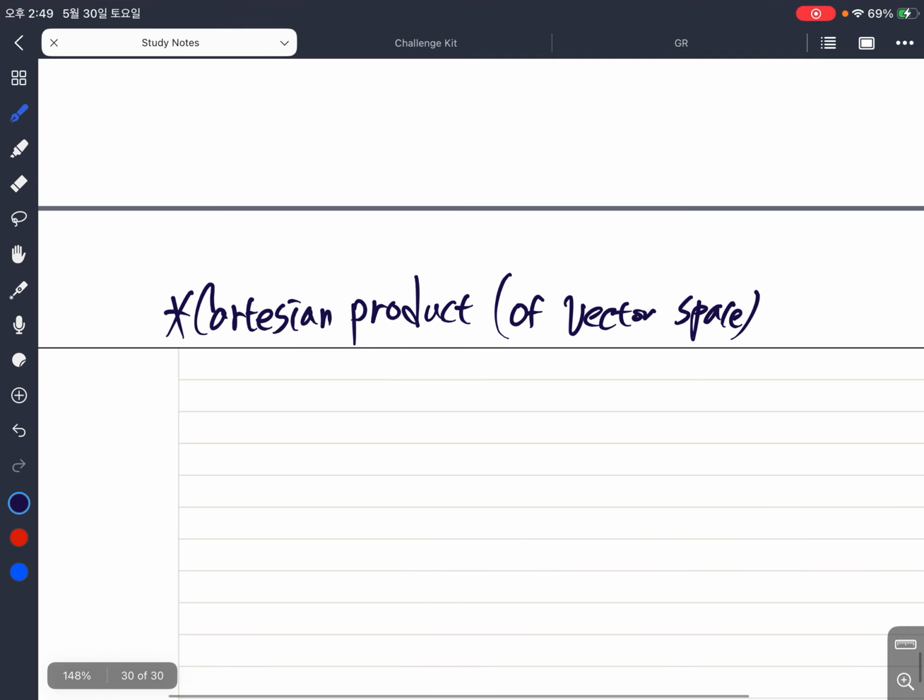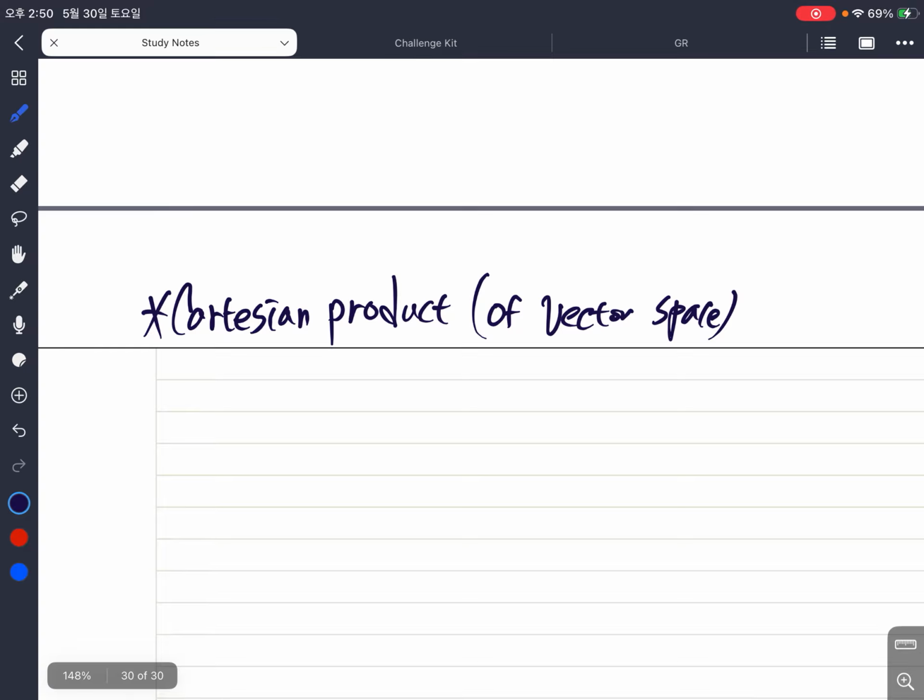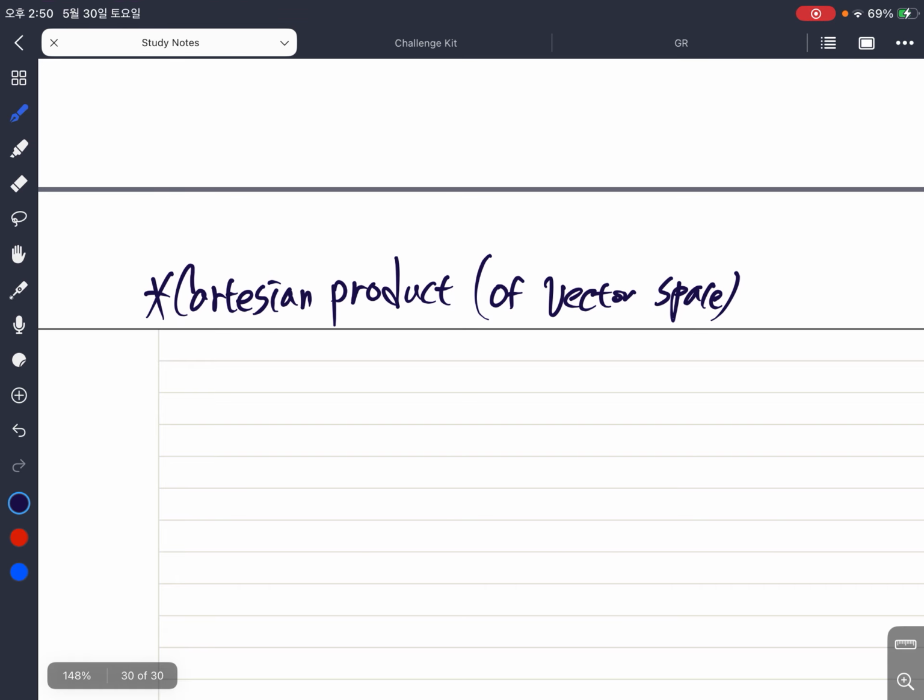Because we define some set theory notions: from the union of sets, we define the union of vector spaces. Unfortunately, it is not a vector space. And the intersection of sets gives the intersection of vector spaces. Similarly, we can do the Cartesian product of sets. What is the Cartesian product?